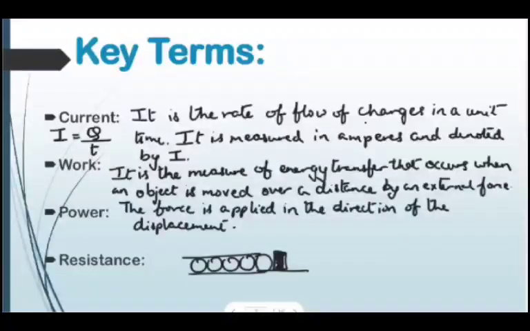That means it will slow down the flow of electrons. All right, so that's slowing down. That thing which reduces the speed of the flow of the electrons is nothing but the resistance. So let's write it down.